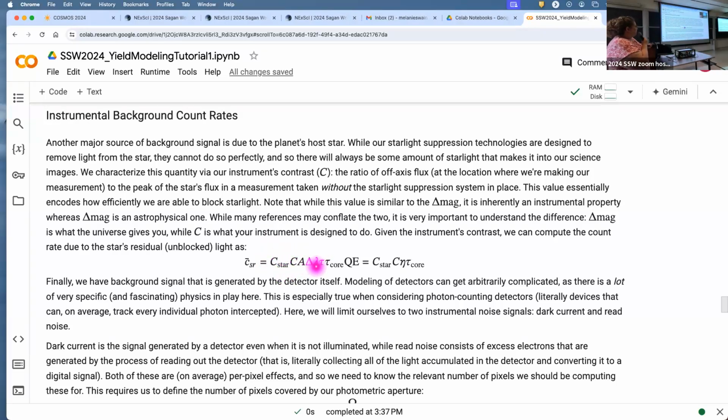And again, we've got all of our efficiency terms here, and now we're including capital C. C is what we're using to express the contrast. This is the part of the starlight that you don't get rid of. If you're doing 10 to the minus 10, then you have the counts from your star and you multiply it by 10 to the minus 10, and that's the residual that you have in a speckle.